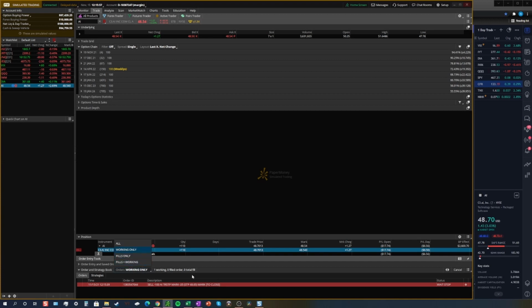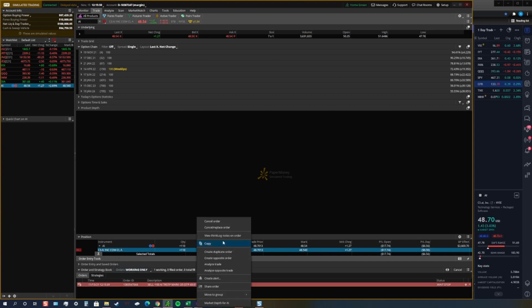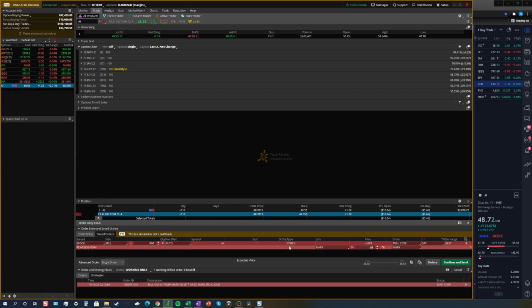But this is the best scenario to use this. It's kind of like another stop loss, but a floating type stop loss, to where it just trails up the market. So it's already moved up from 48.65 to 48.68 now. As this market continues to push up, now it's at 48.70.